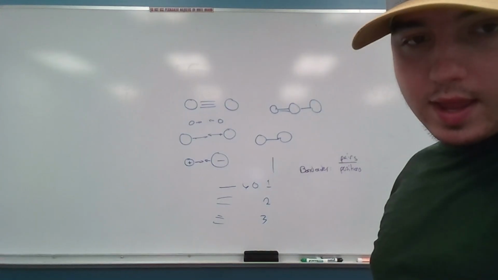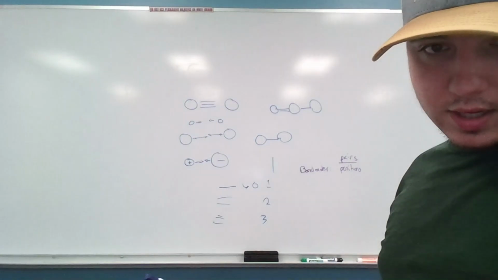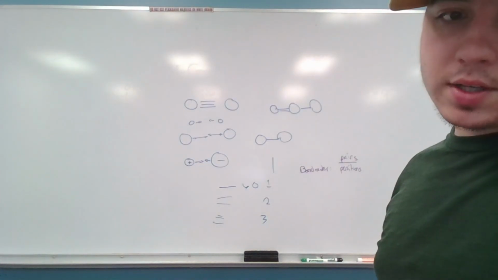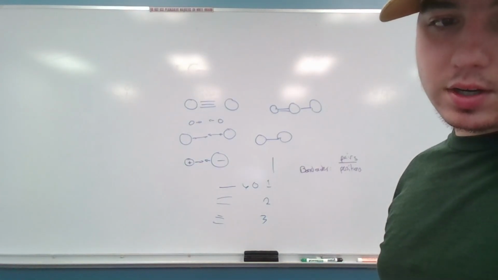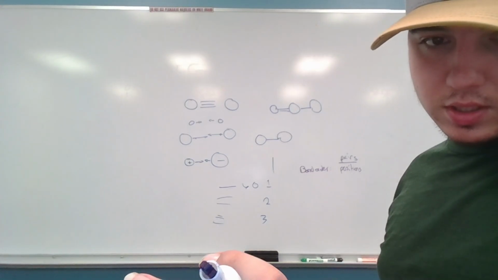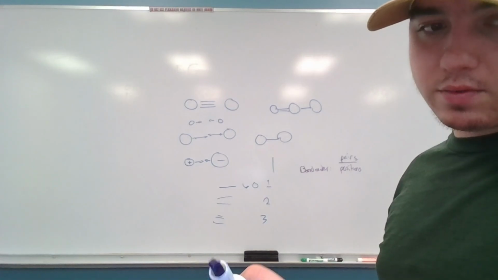So if resonance exists, resonance shows one double bond. No, what is it? One double bond spread over three positions. Yeah, so that's for resonance.